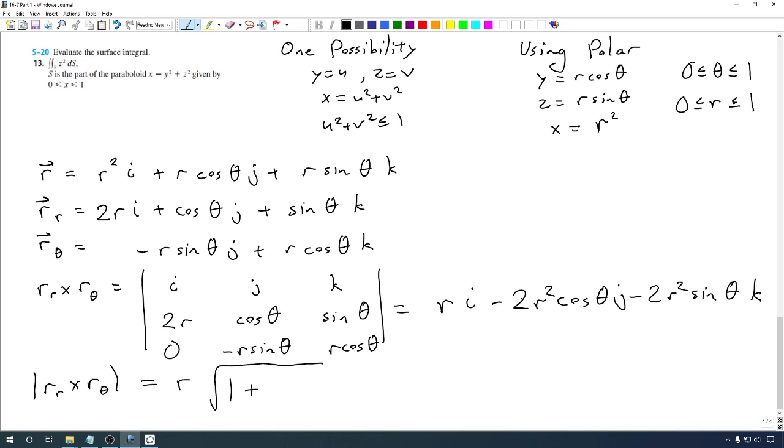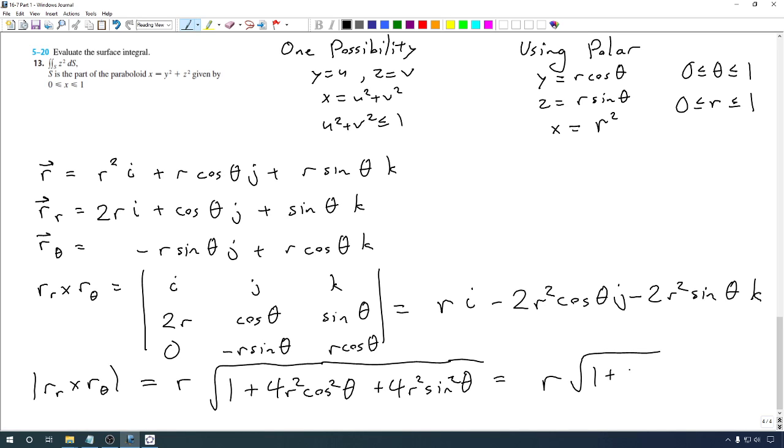We're going to add it to the square of 2r cosine theta, so we have a 4r squared cosine squared theta. And same thing here, we have a 4r squared sine squared theta. Because these both have 4r squared in them, the cosine squared plus sine squared gives us 1, and we get r times the square root of 1 plus 4r squared.